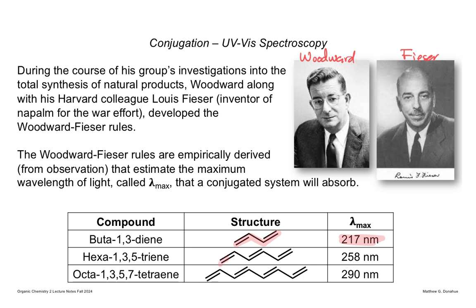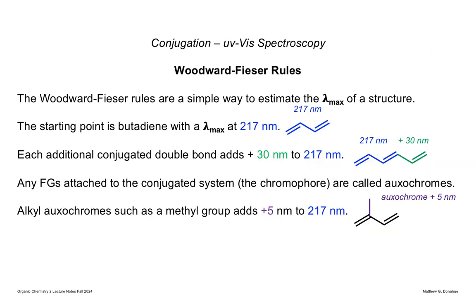So you would add another alkene to that, and now you're up at 258. Now you have a tetraene, you're at 290. So it's a way of estimating the lambda max, the maximum wavelength at which it absorbs for any structure.